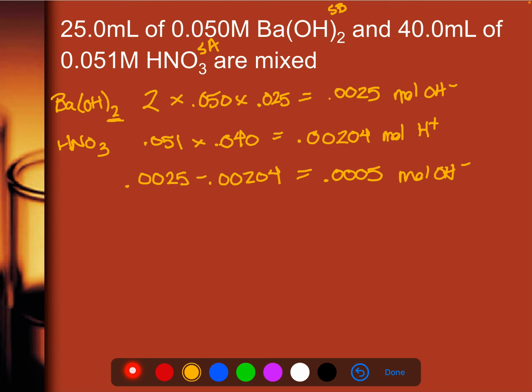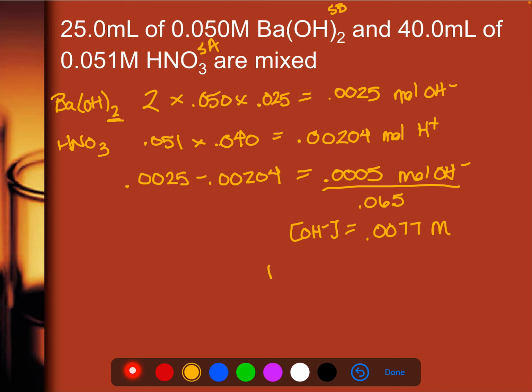To find our concentration, we divide by the total volume. So 25 milliliters and 40 milliliters is 65 milliliters. That gives us a hydroxide ion concentration equal to 0.0077 molar hydroxide.